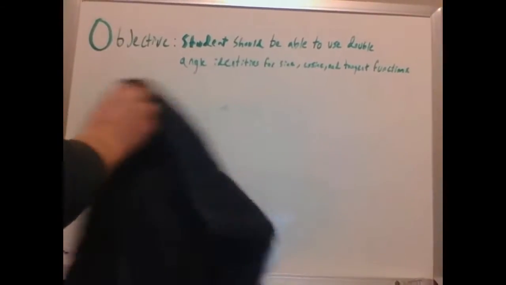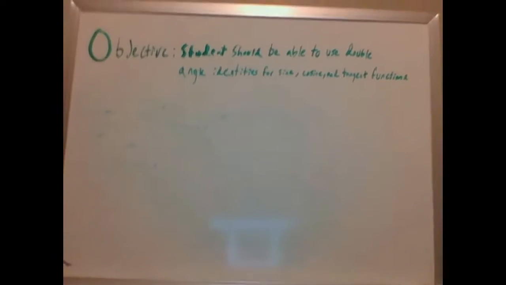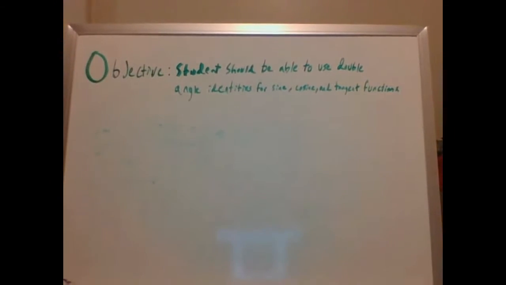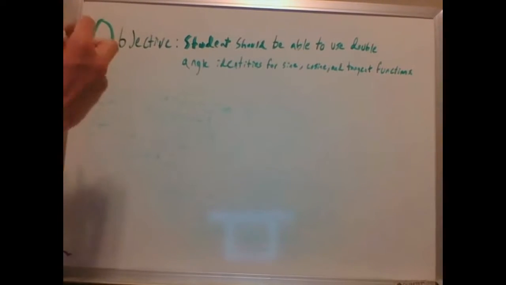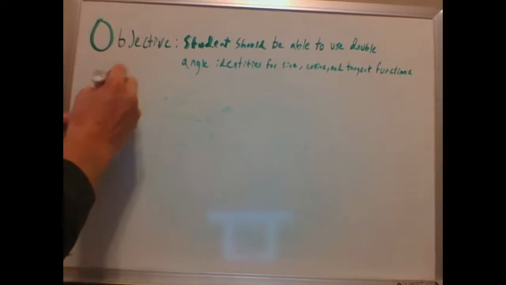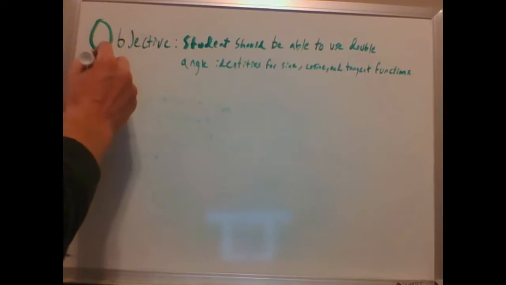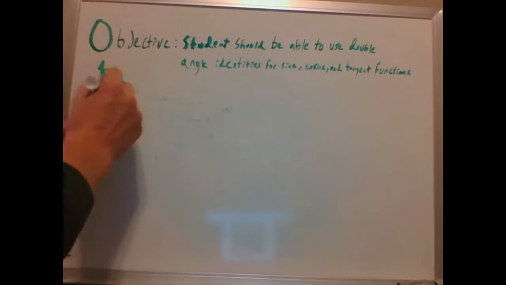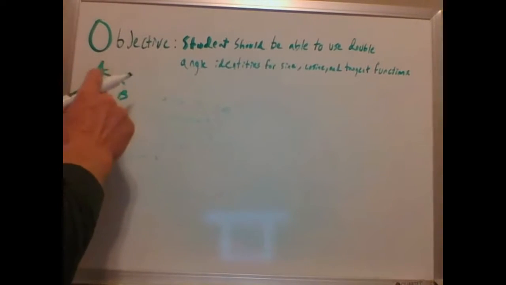Alright, this eraser sucks. Okay, so we're going to start with our first problem, and we're going to start with the right triangle here. Sorry, that was not a very good triangle. We'll start with A, B, C, and I need to fix this.